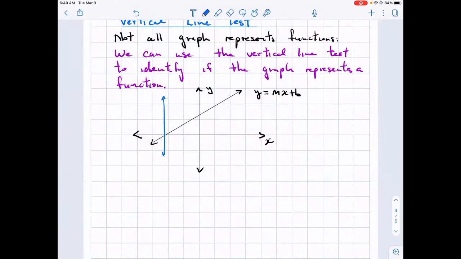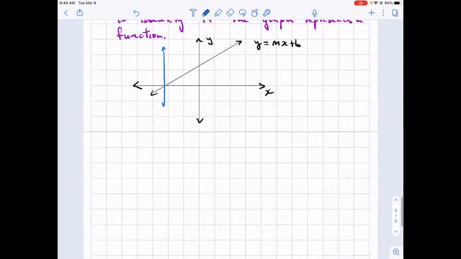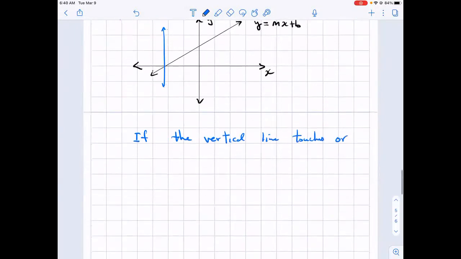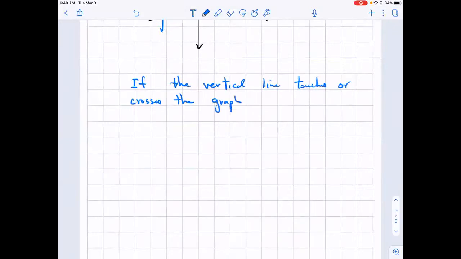And if that line that you draw touches or crosses the graph only once, then the graph represents a function.